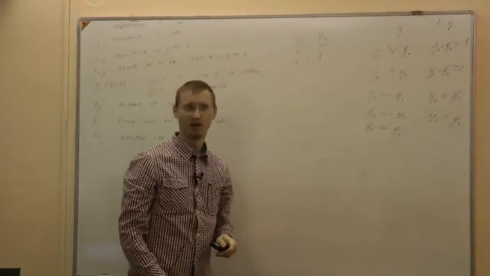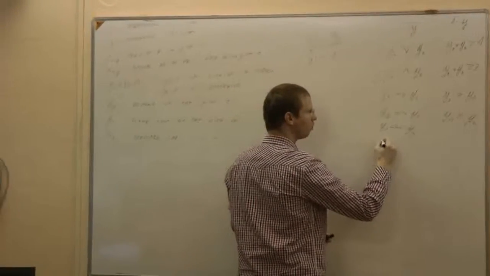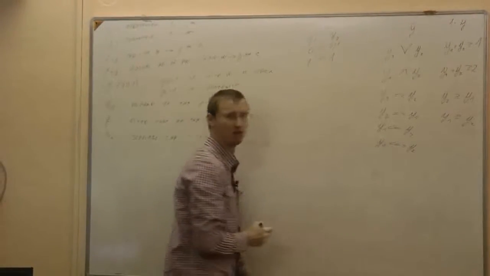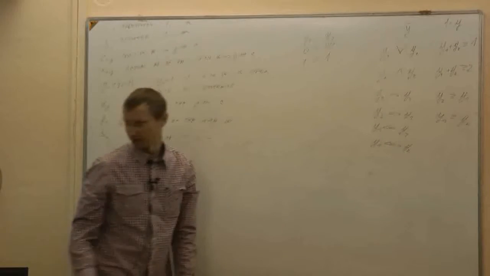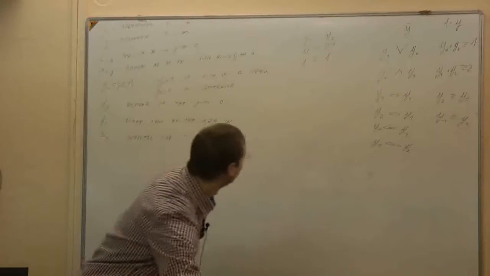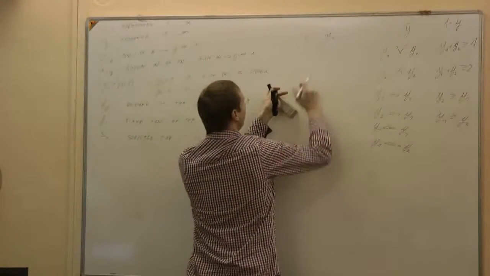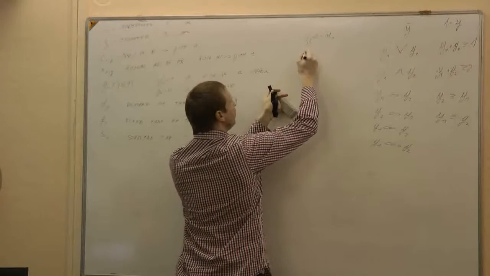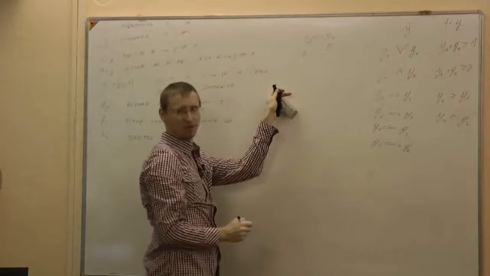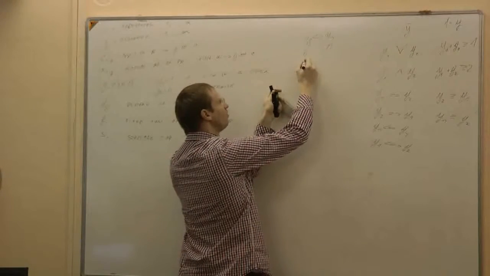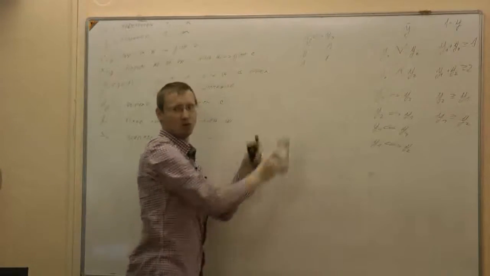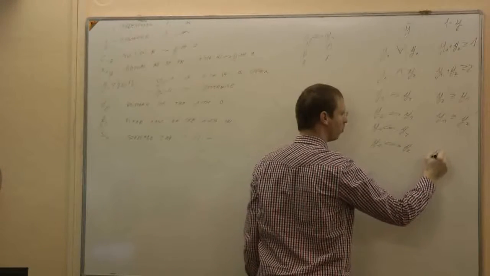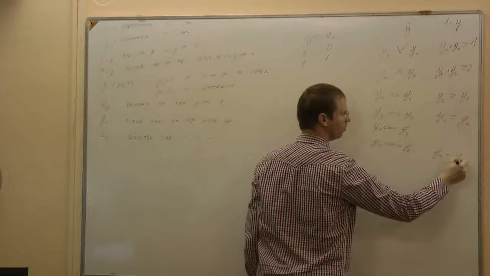Okay? And now finally we have the equivalence between y1 and y2. What equivalence means is that if y1 is 0, y2 must also be 0. If y1 is 1, y2 must also be equal to 1. Okay? So we see that this is nothing else but y1 is equal to y2.